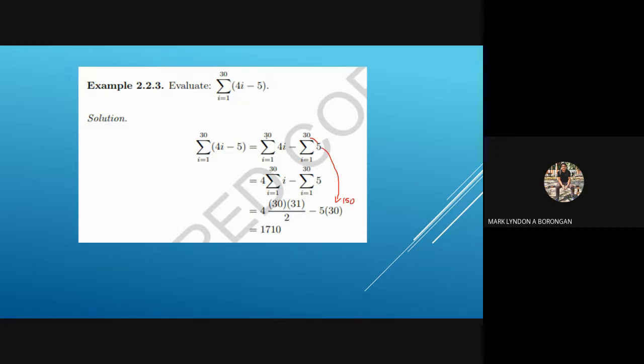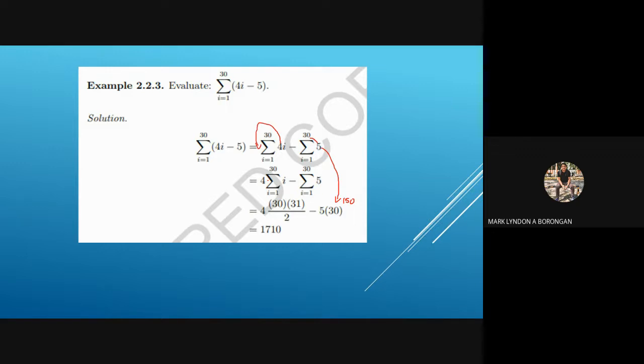Now, here is the one we need to solve. We apply property 2 and isolate the constant, so that will be 4 times the summation of i from 1 up to 30.